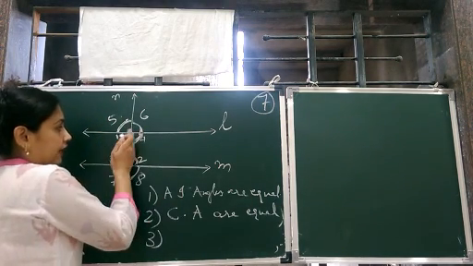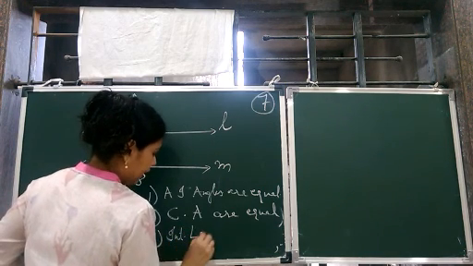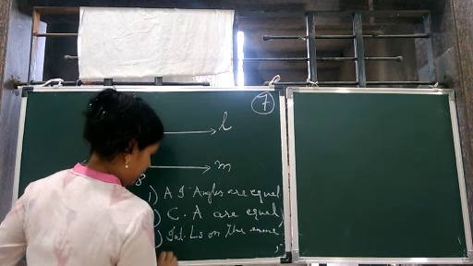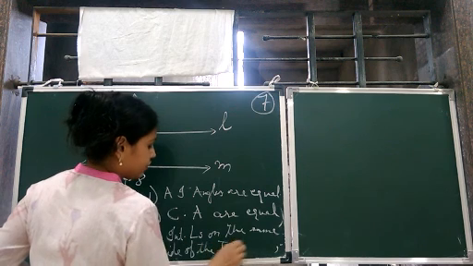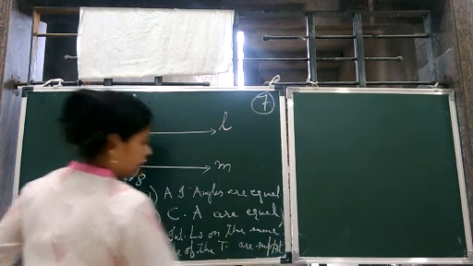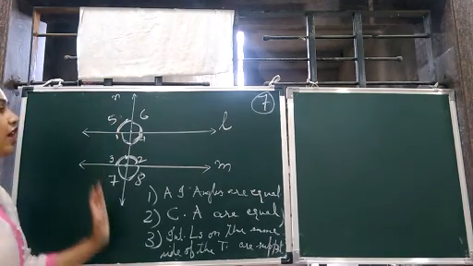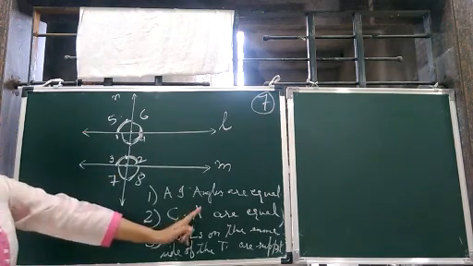The interior angles on the same side of the transversal are supplementary. These were the three properties we did for a transversal which cuts the parallel lines.